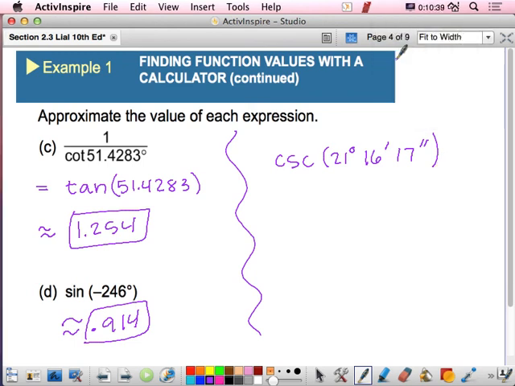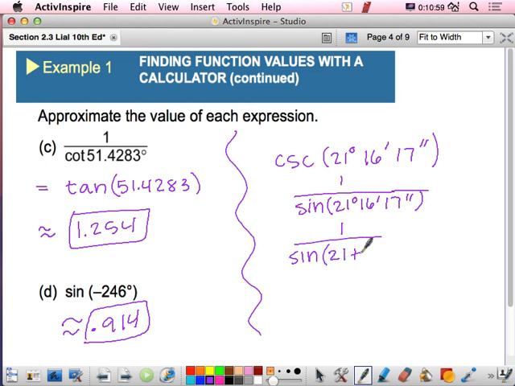Okay, so let's talk about this. Your first step is you need to convert it into a sine problem. So we'll do 1 over sine of that. But to type that in our calculator, we'll actually type in 1 over sine of, and then we have to do our conversions. 21 plus 16 out of 60 plus 17 out of 3600.